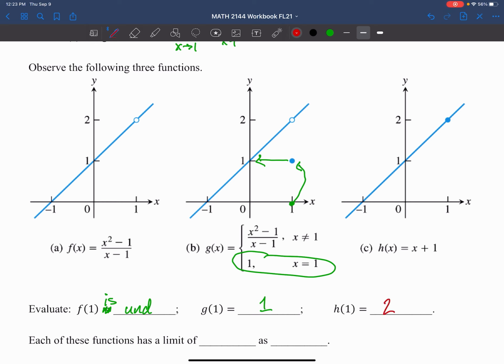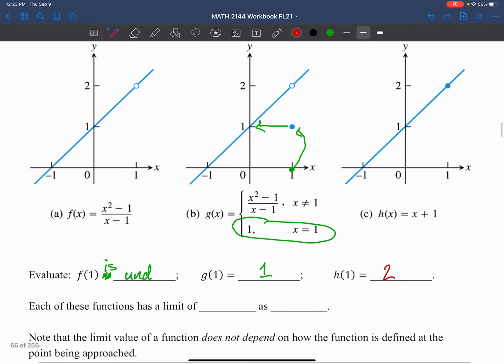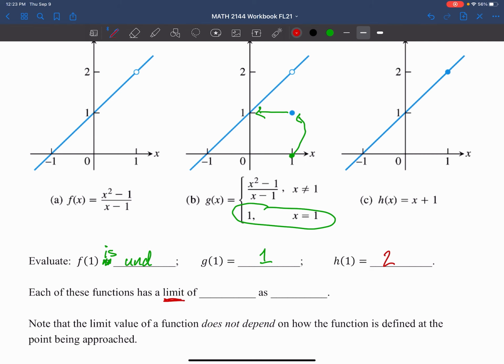So notice these three different functions behave very differently at x equal to 1, but each of these functions has a limit of the y value 2 as x approaches 1. And maybe I should have called this out explicitly above. This little arrow is read as approaches.